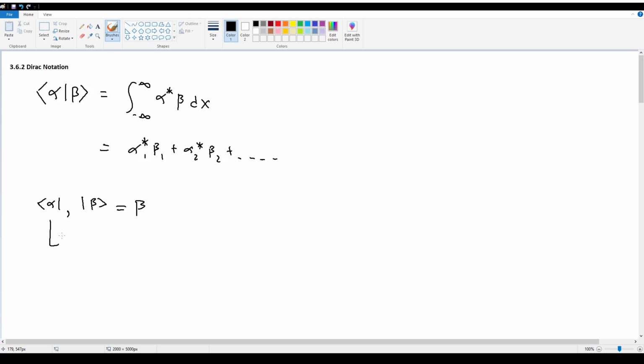However, bra alpha can be looked at as an integral from negative infinity to infinity of alpha star, but with this blank thing times dx, where I'm waiting to accept something in front of the bra in order to get my actual integral. This is very similar to the way operators work in linear algebra, right?